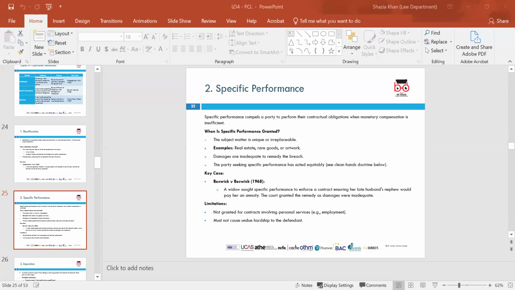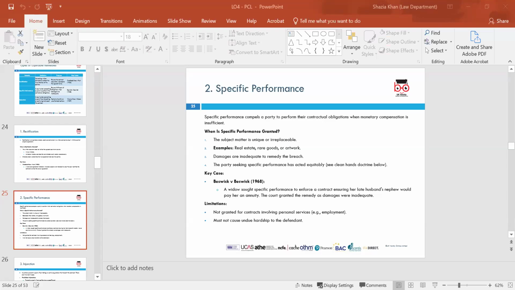The legal basis for the remedy of specific performance is primarily derived from the Senior Courts Act 1981, which allows the courts to compel a party to act or refrain from acting in a manner that fulfills their contractual obligations. The specific performance remedy has also developed under case law that outlines the principles and considerations guiding its application. The courts have consistently emphasized that specific performance is not an automatic right. It is granted at the discretion of the court based on the specific circumstances of each individual case.